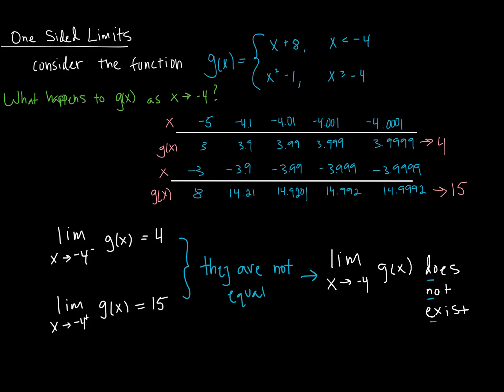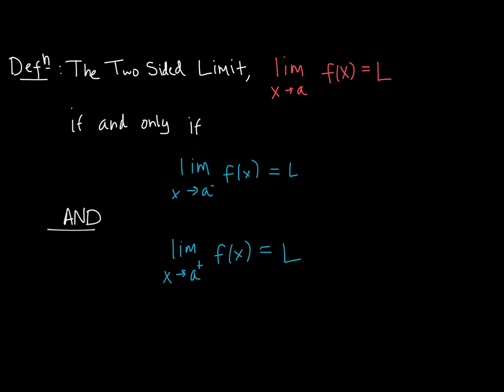And so this leads us to how to define a two-sided limit. All right, so this leads us to the definition of the two-sided limit. The two-sided limit, written as the limit as x approaches a, notice it's the two-sided limit, there's no superscript here, of f of x is equal to L if and only if the limit as x approaches a from the left and the limit as x approaches a from the right of f of x are both equal to L. And this means what you might have expected, right?